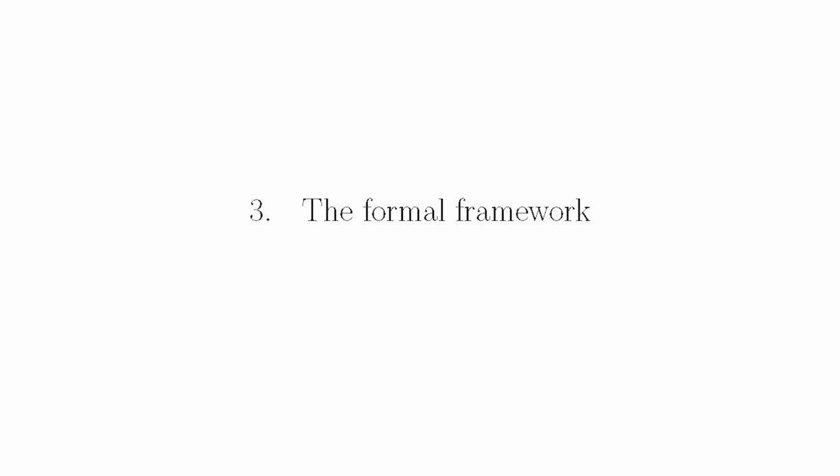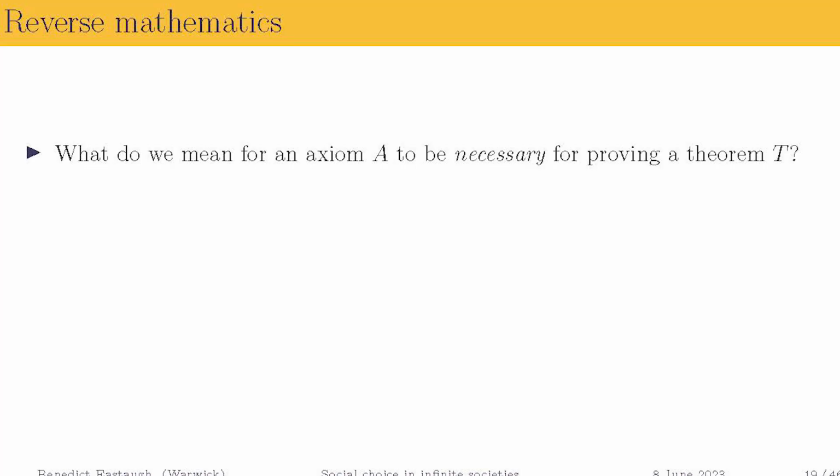Okay, so having done all the setup, we now proceed to talk about some logic. So I will try to just give a sort of sketch of how this goes. So just some sort of background here. The framework I'm going to be looking at is called reverse mathematics.